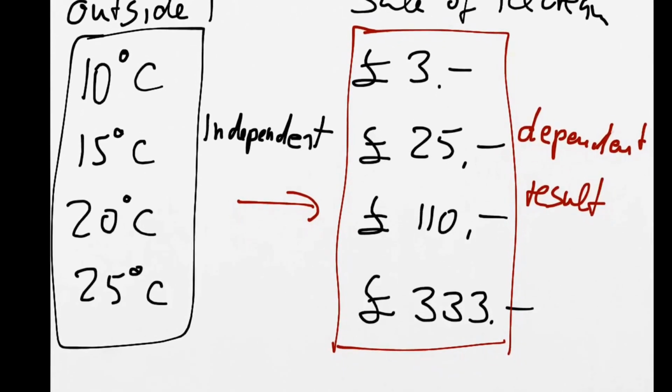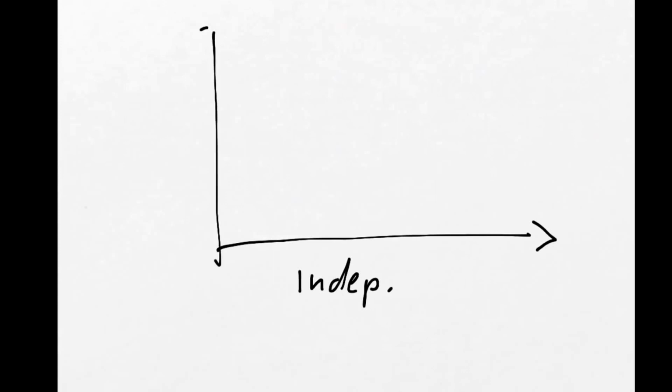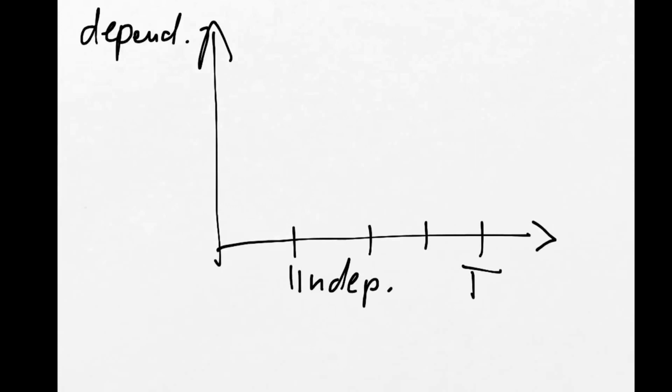And traditionally, and by convention, we plot the independent variable on the x-axis and the dependent variable, our result, on the y-axis. So in our case here, we would plot the temperature here, 10, 15, 20, 25, and so on.